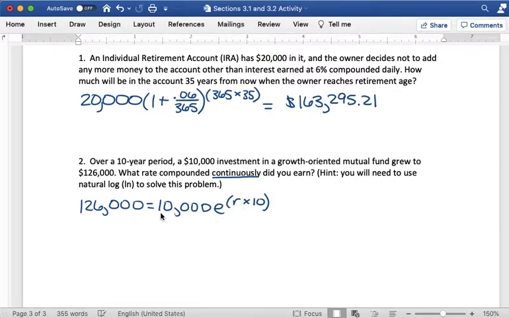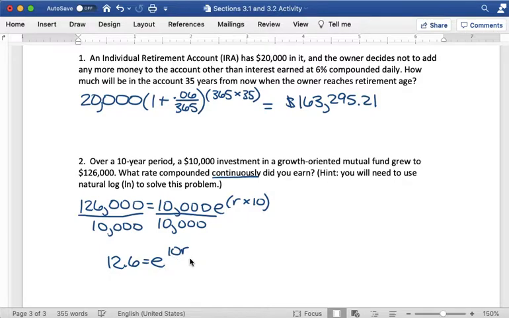So I want to get R by itself. I can do that by first dividing both sides by 10,000, so I get rid of that 10,000. And that gives me 12.6 equals e to the 10R. I'll just write that R times 10 is 10R.